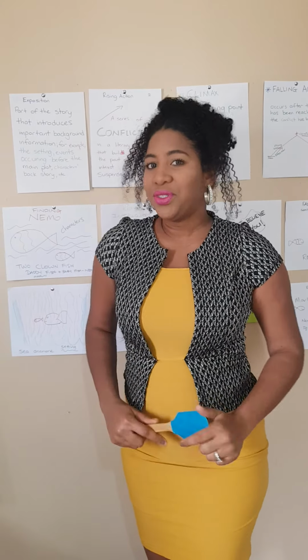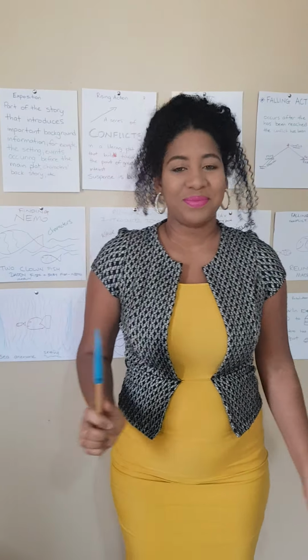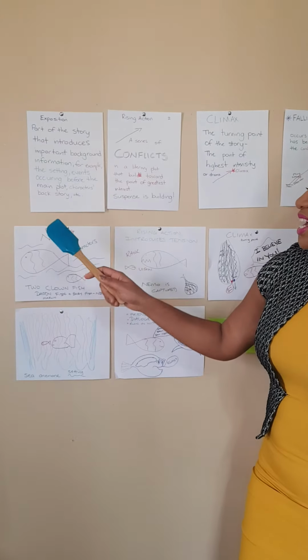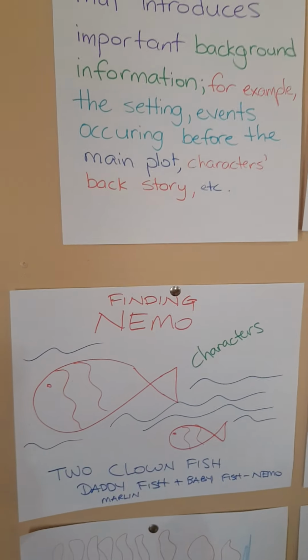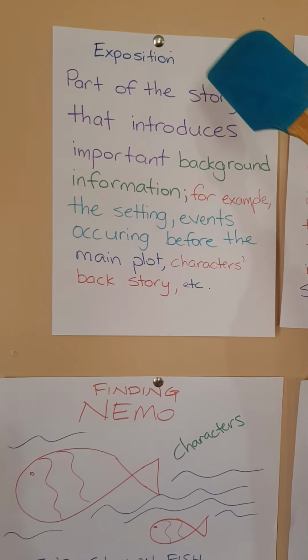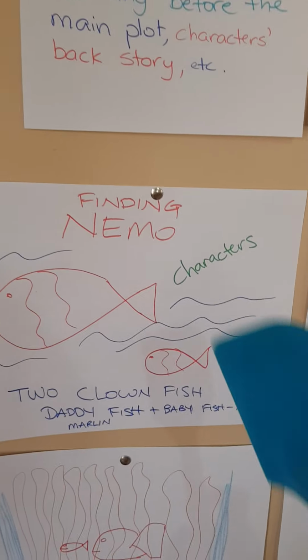Alright, so here's what we're going to do. I'm sure you guys have watched Finding Nemo, right? Yes, of course. Nice. So here we're going to look at Finding Nemo. As you would remember from before, exposition is the information that is leading up to the rising action, right?